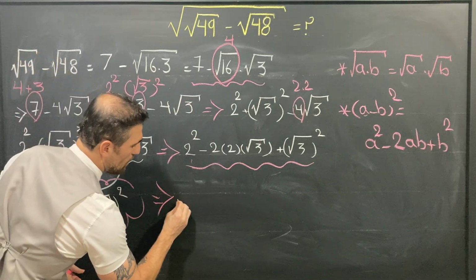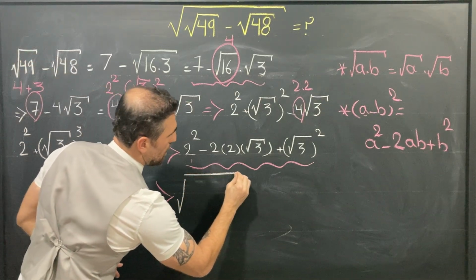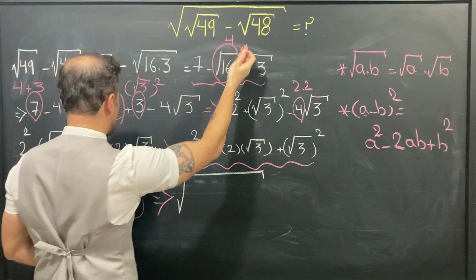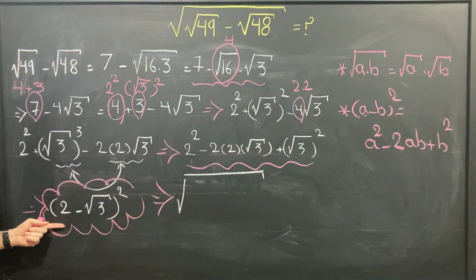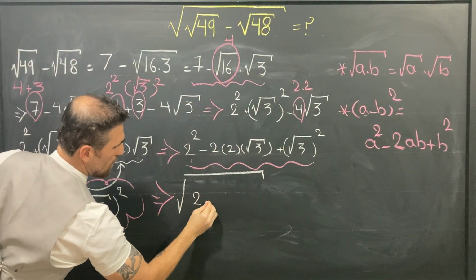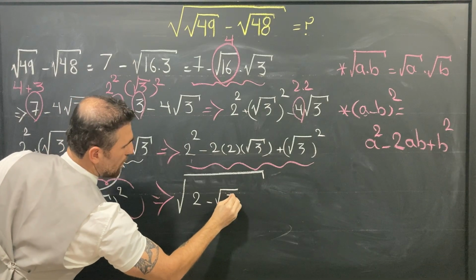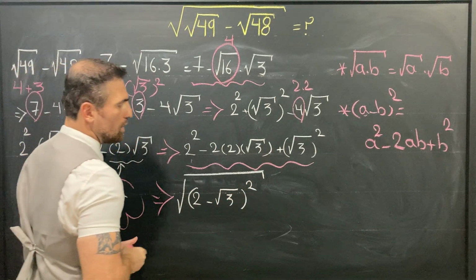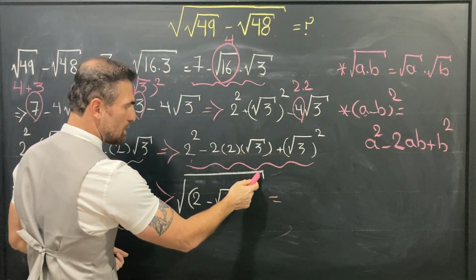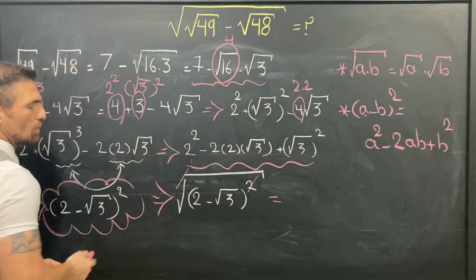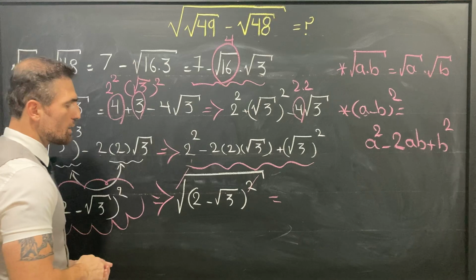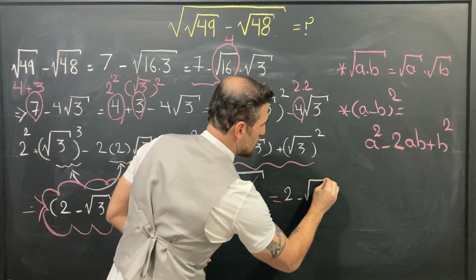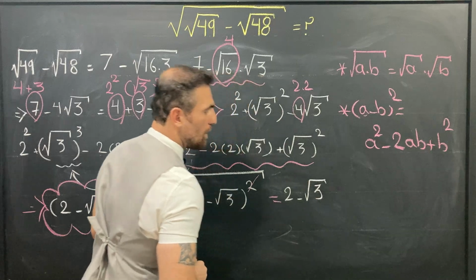We have square root of 49 minus square root of 48 is going to be 2 minus square root of 3 squared. Right. To continue the solution, this exponent and this root cancel off. So it's going to be 2 minus square root of 3.